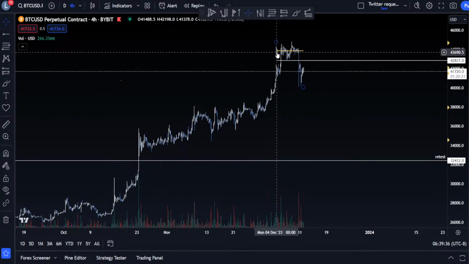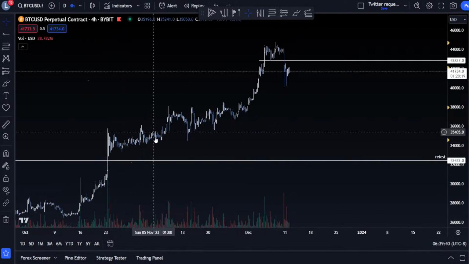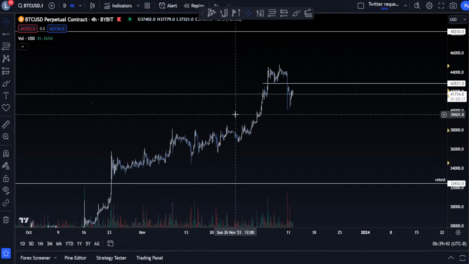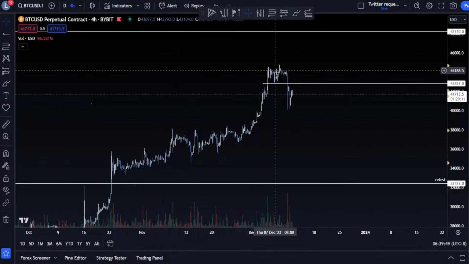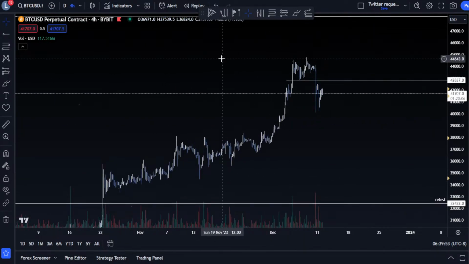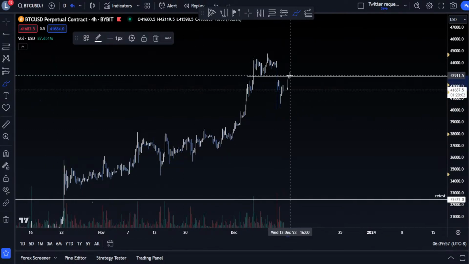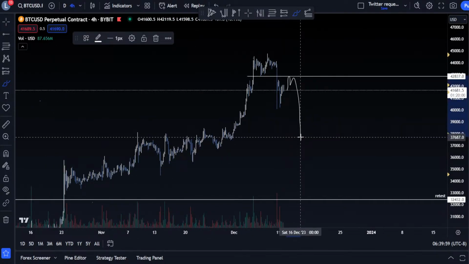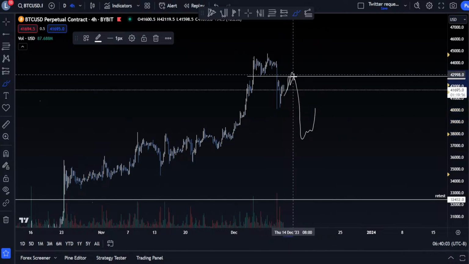This is clearly a break in structure. We've had this continuous uptrend here. Arguably there's similar qualities to this retracement as this retracement. But there's no reason to think that it's not possible that we continue to the downside here and that we're just going to continue this bull run.